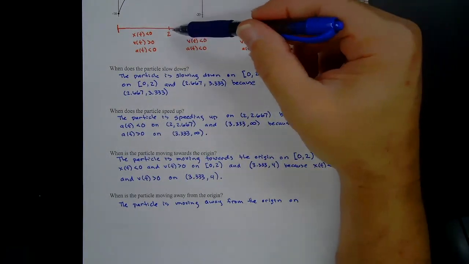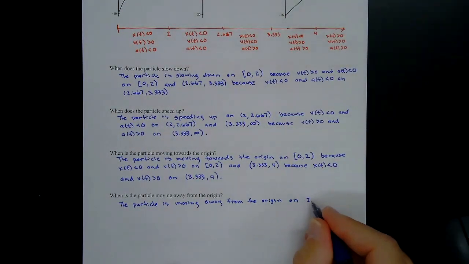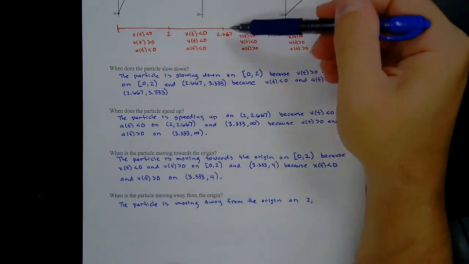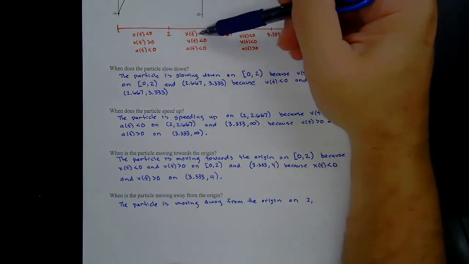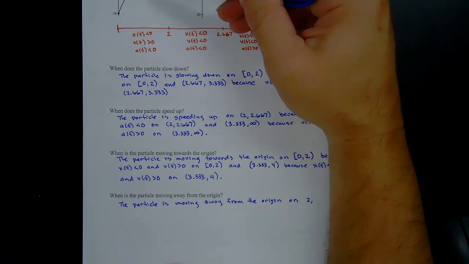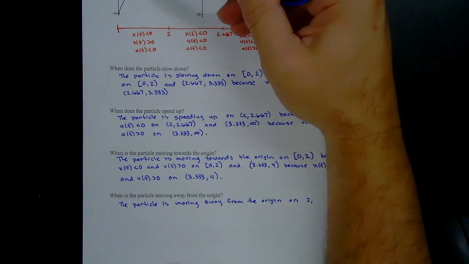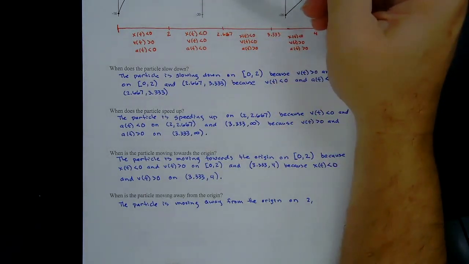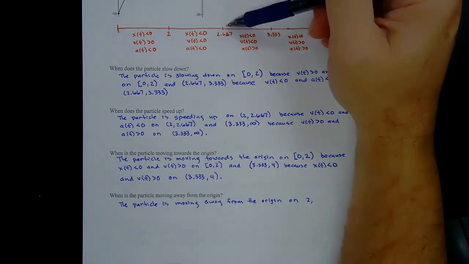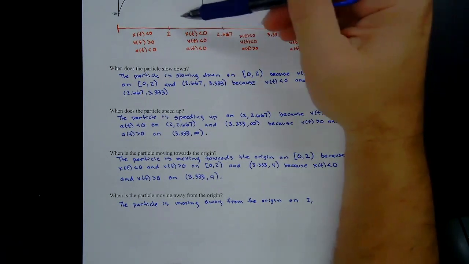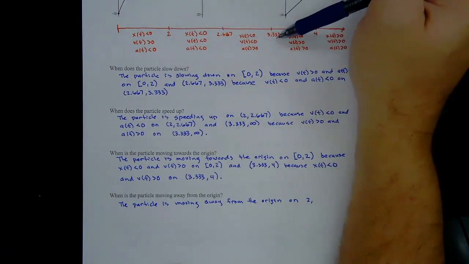We're going to start it at 2. At 2.667, the position and velocity are both negative. So we're not going to break it up again. We're going to go all the way from 2 to 3.333.